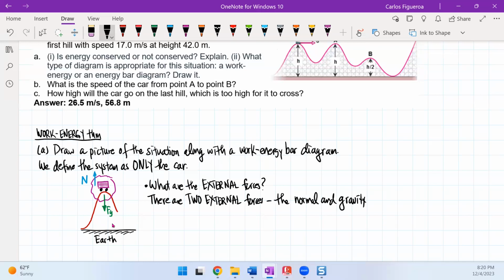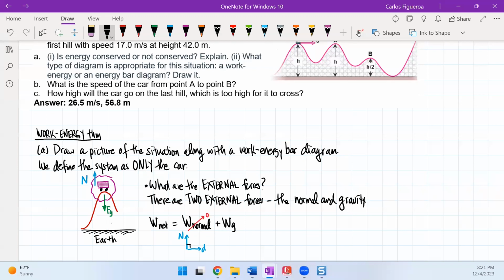So according to the work energy theorem, we have a net work that's being done. We have the work of the normal plus the work of gravity. But what do we know about this? Well, the work of the normal force will always be zero, because the normal force is always perpendicular to the displacement, so it does no work.